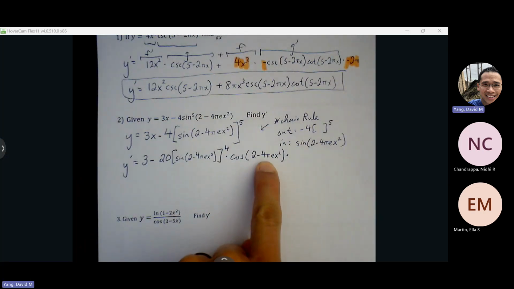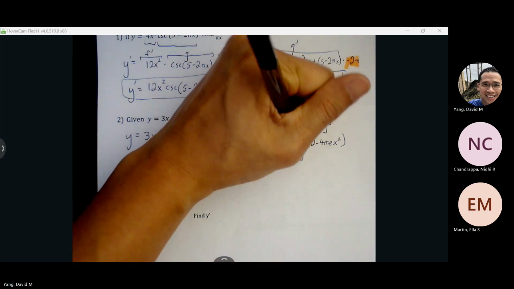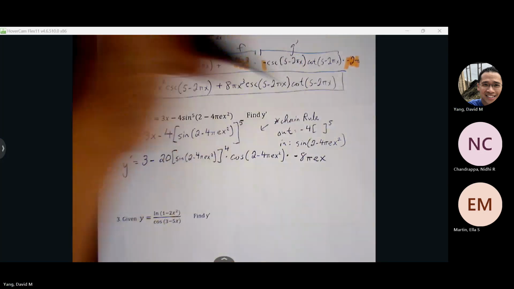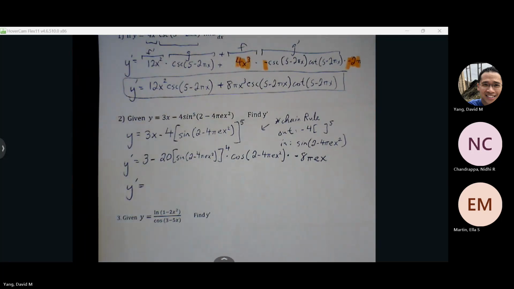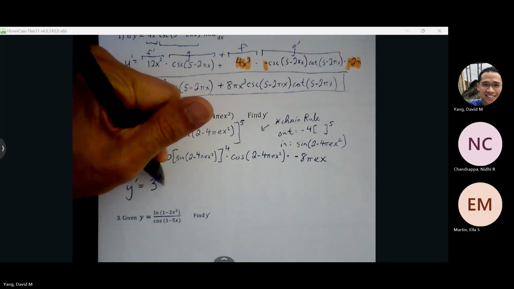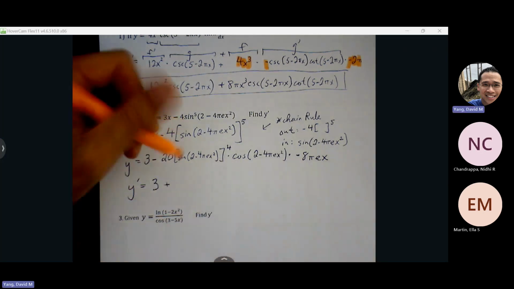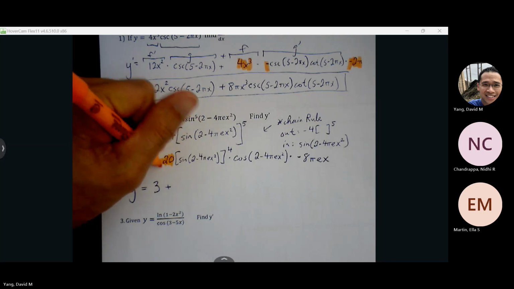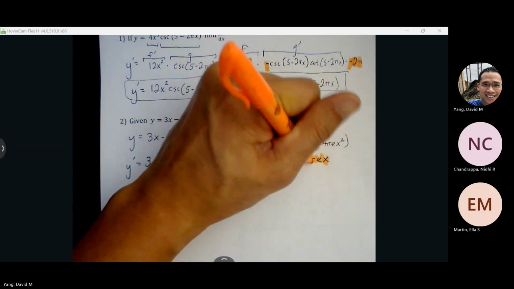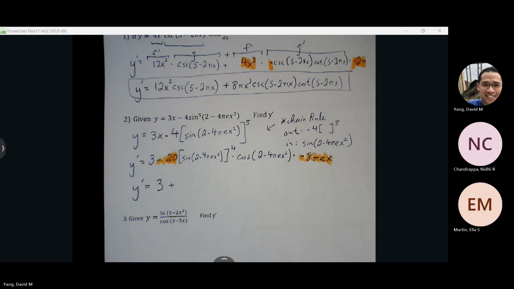U prime is negative 8 pi e x. Now everything that comes after 3 is connected, so I'm just gonna pull all the non-trig in front.